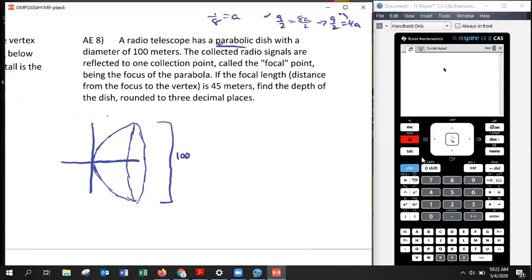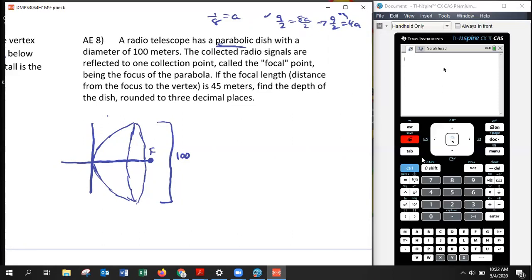The collected radio signals are reflected to a collection point called the focal point, which is the focus of this parabola. So our focal point, because I understand what's going on, will end up being out here. How are you supposed to know? You're not. So we could generically just put our F wherever we want.